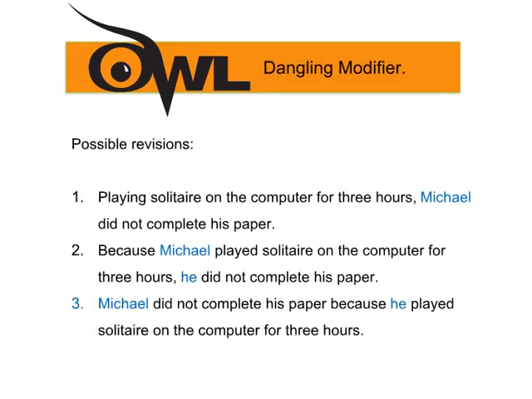Possible revisions. Playing solitaire on the computer for 3 hours, Michael did not complete his paper. Because Michael played solitaire on the computer for 3 hours, he did not complete his paper. Michael did not complete his paper because he played solitaire on the computer for 3 hours.